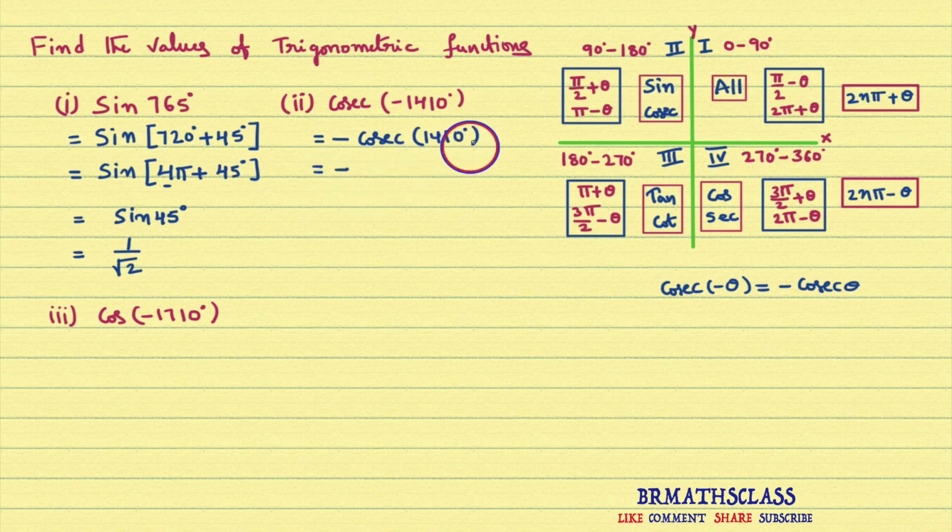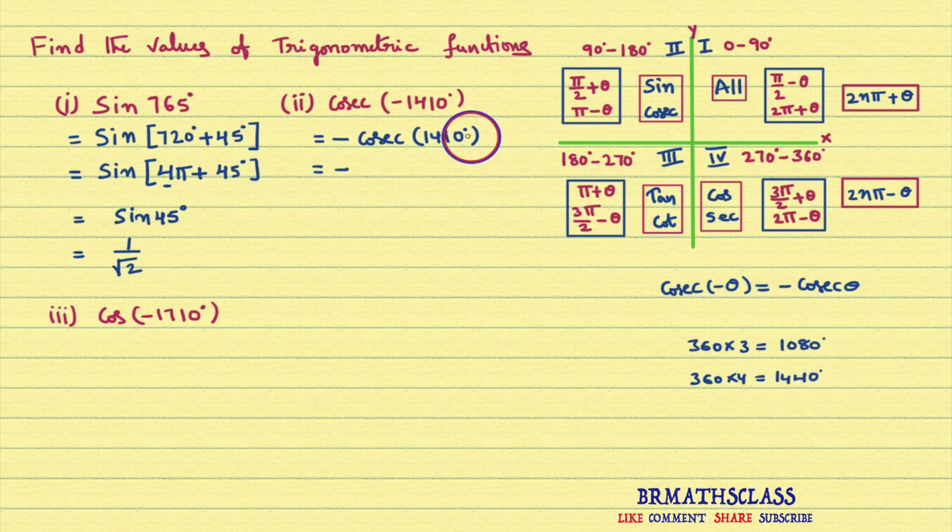We know that 1410 is greater than 360. Now what you will do, you multiply 360 into 1, 360 into 2, 360 into 3. 360 into 3, if we do, you will get 1080. But this is a little bigger number. What I will do, 360 into 4. If I multiply these two, I will get 1440.